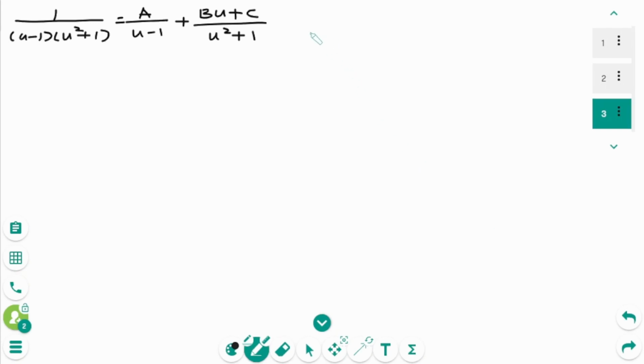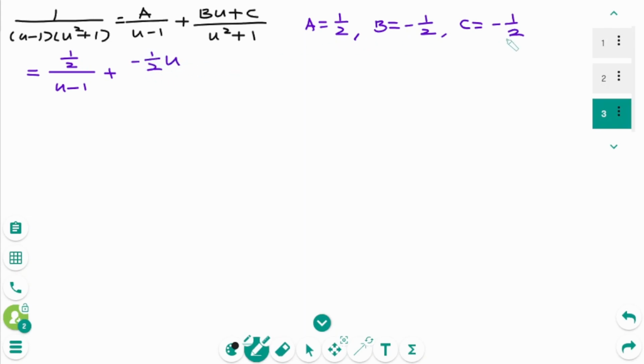Back to the original. Now we have a equals 1 over 2, b equals minus 1 over 2, and c equals minus 1 over 2. So the decomposition is a over u minus 1 plus bu plus c, which is minus 1 over 2, over u squared plus 1.